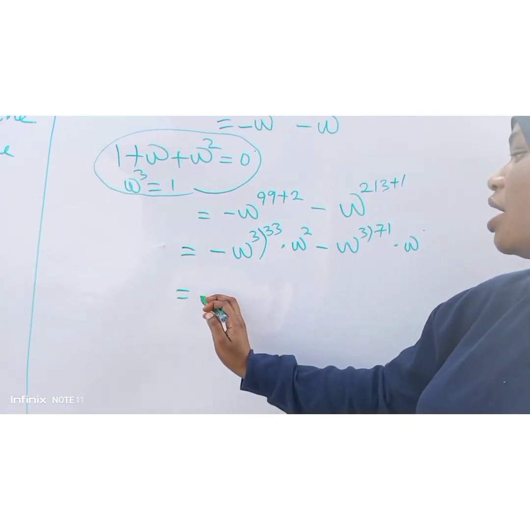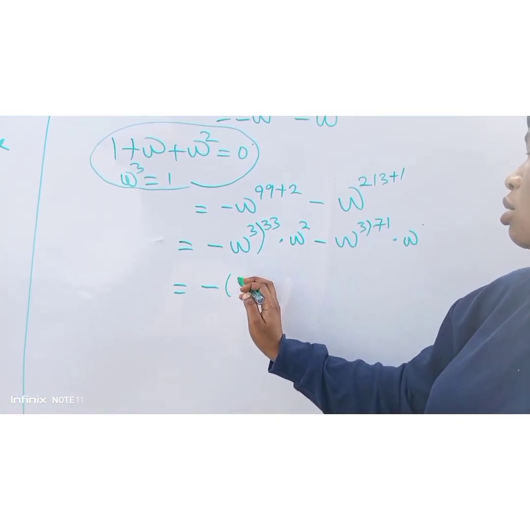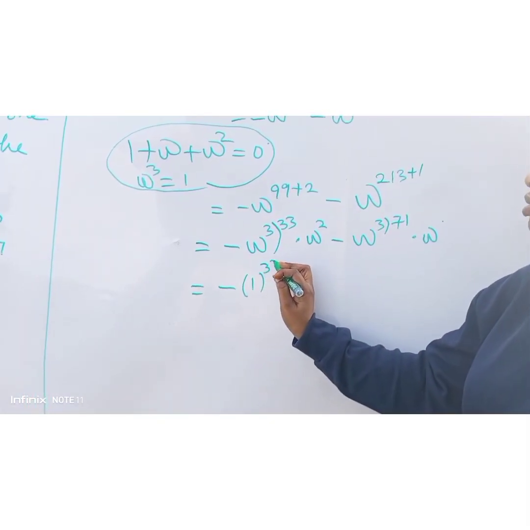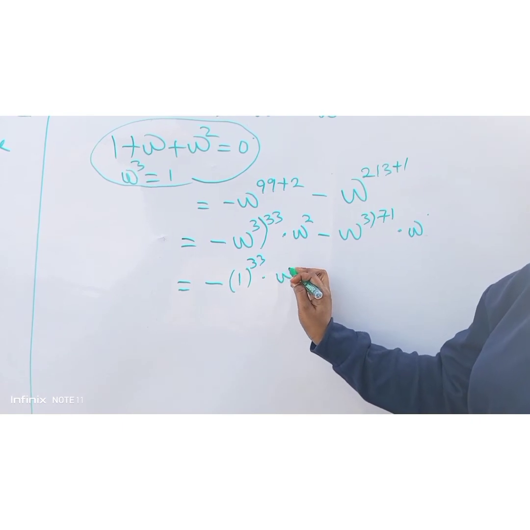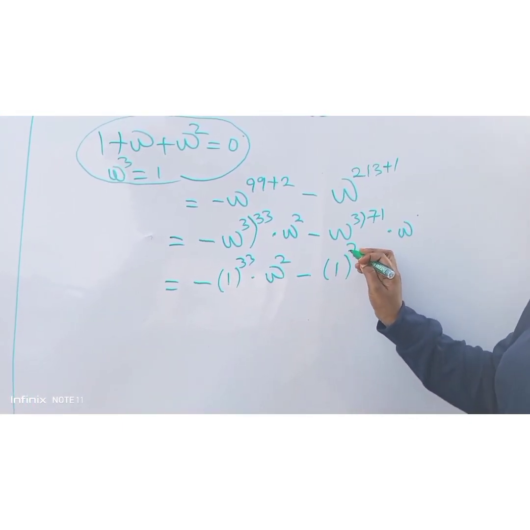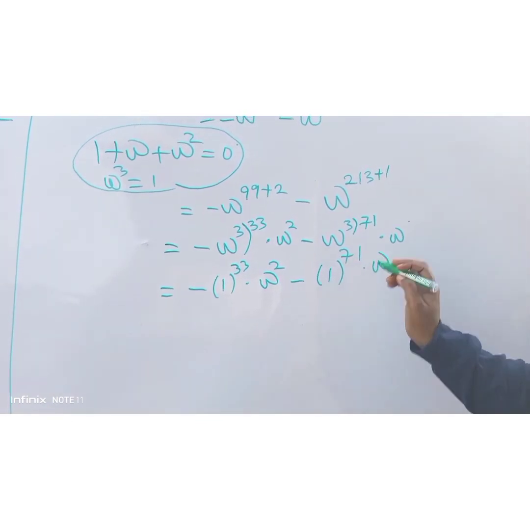So from here I have minus 1, because omega cubed is equal to 1, then raised to the power of 33 multiplied by omega squared, minus 1 raised to the power of 71 multiplied by omega.